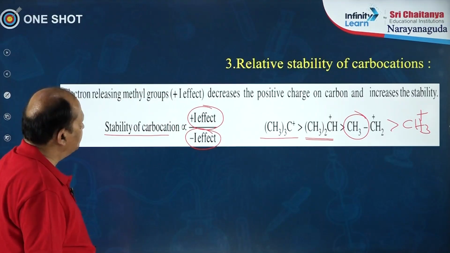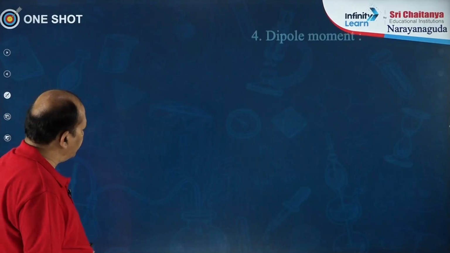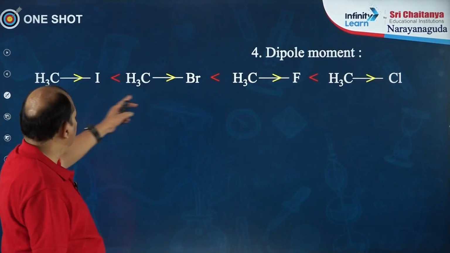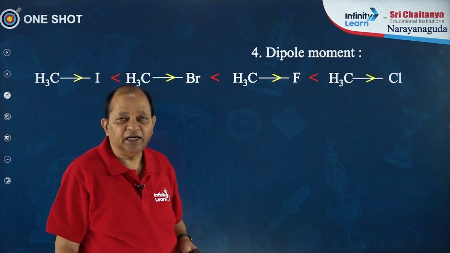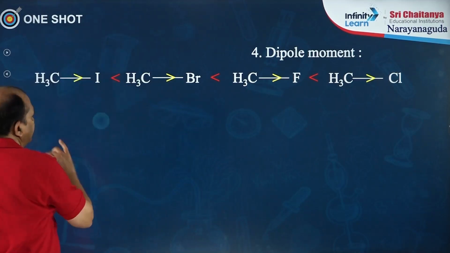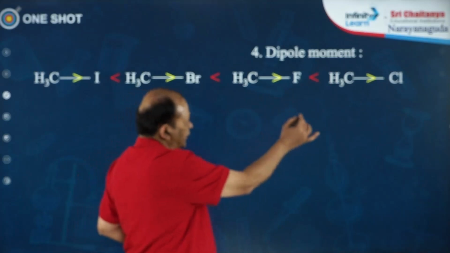Next, after the relative stabilities of carbocations, is the dipole moment. Here we can see the different methyl halides: methyl iodide, methyl bromide, fluoride and chloride.